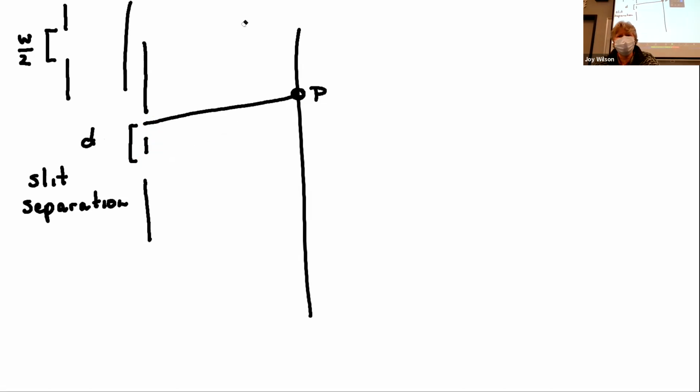So what does our math look like? Well, let's see. When we did dark fringes, bright fringes. With double slit and diffraction gratings, we tend to work more with the bright fringes. With single slit, we tend to work more with the dark fringes.